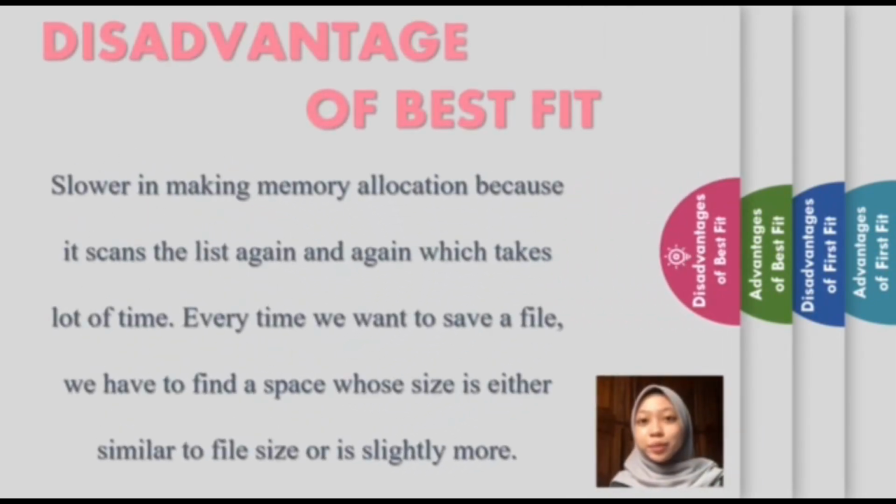But best fit still has its disadvantage because it is slower in making memory allocation, because best fit will scan the list again and again, which takes a lot of time. Every time we want to save a file in a memory block, we have to find a memory block which has a size either similar or slightly more than the file size.